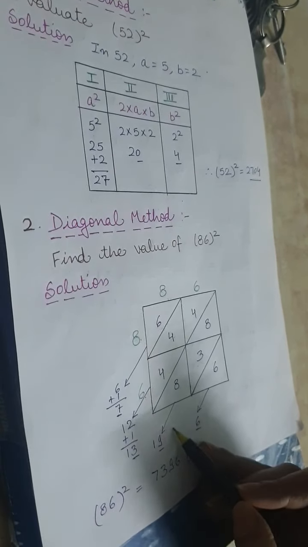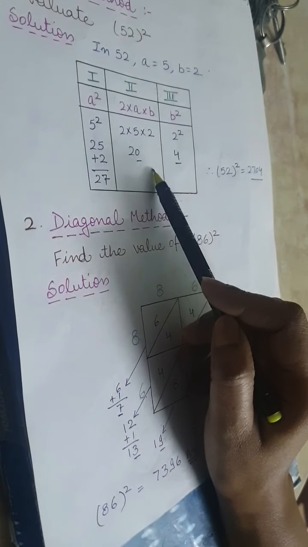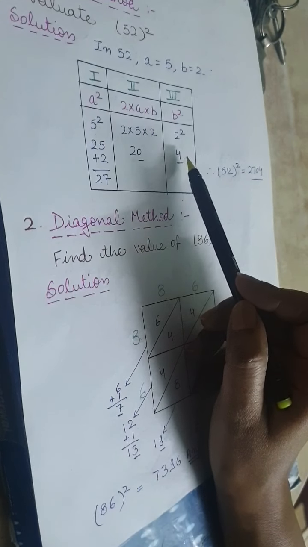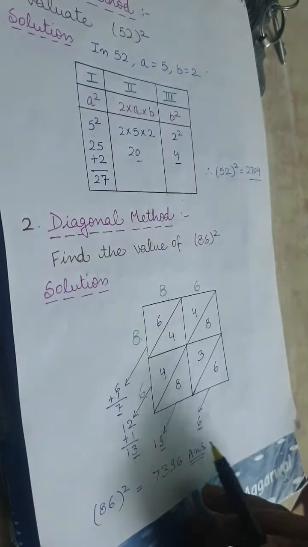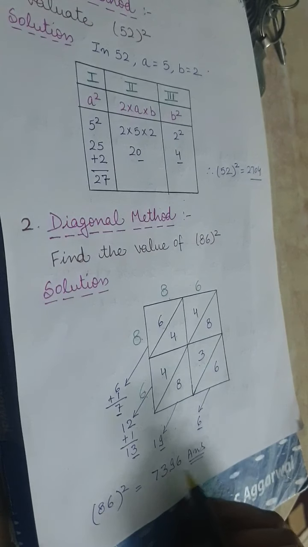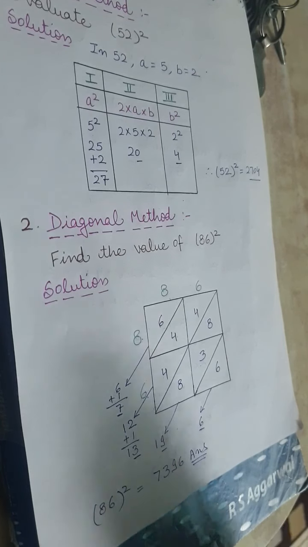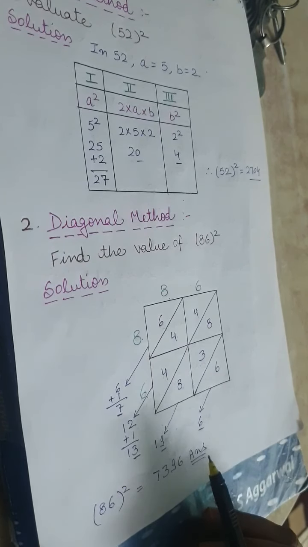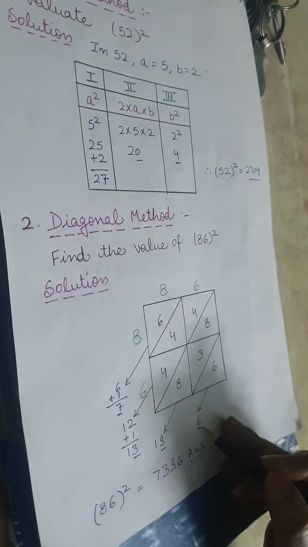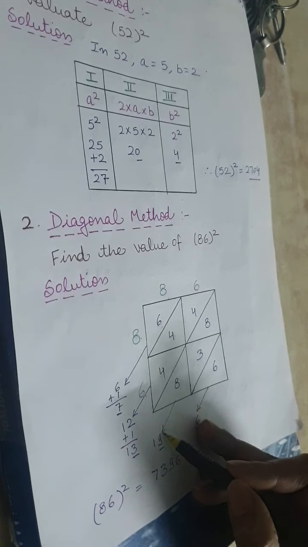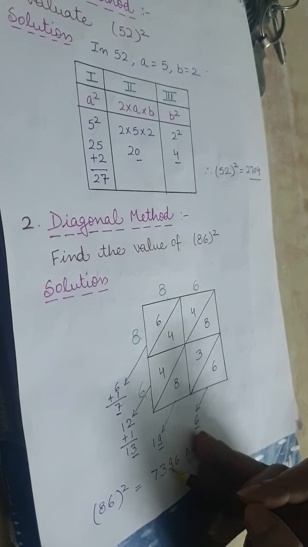The concept that we have studied in the column method, that we have to take only the ones digit in the answer, we are following here also. So 6 will move down, then 9 is taken as the answer.